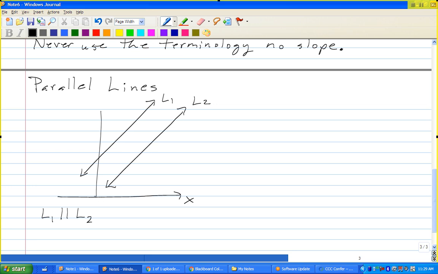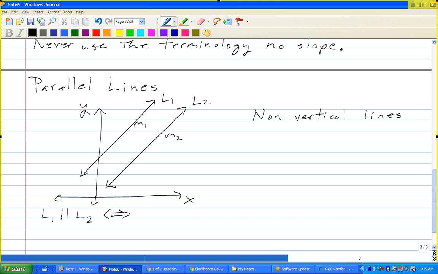Suppose that I have these relative to some coordinate system, and suppose that these are non-vertical lines. Then let m1 be the slope of L1, m2 be the slope of L2.